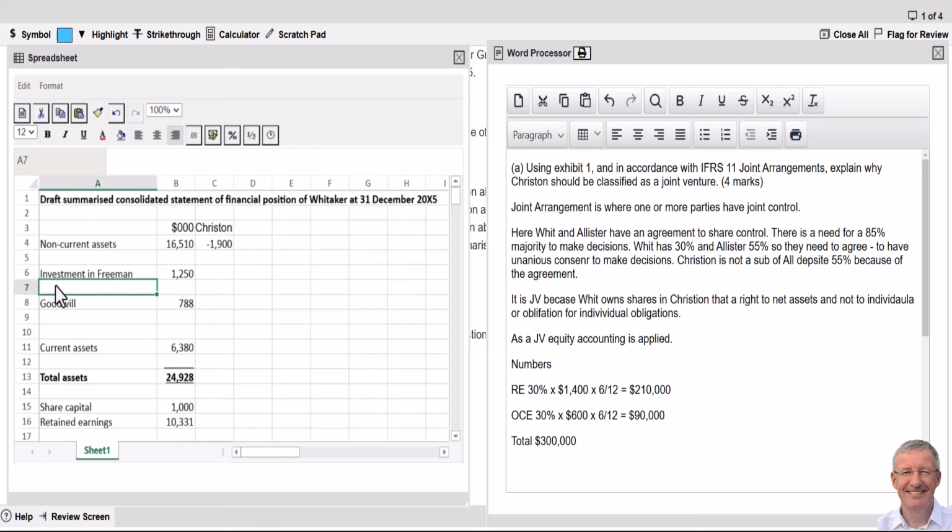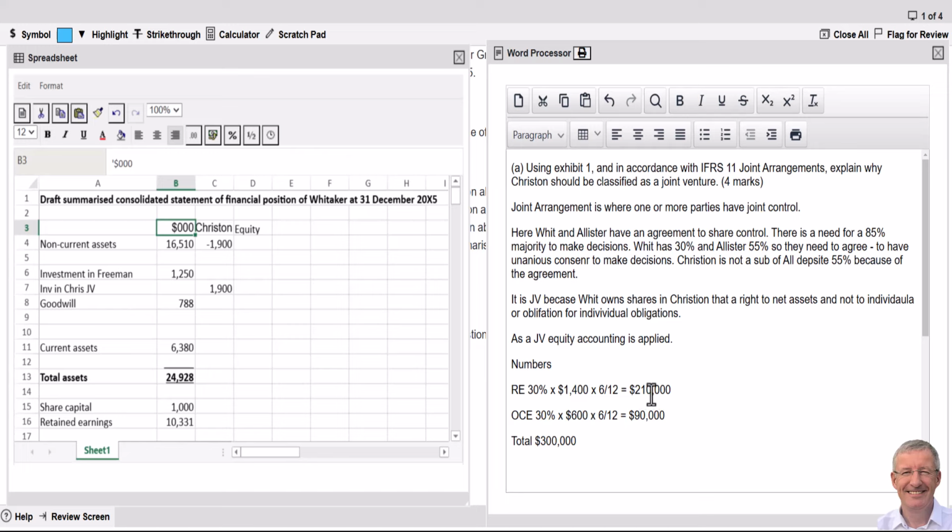I then need to put it in somewhere, and I can put it in as an investment in Clendon, as a joint venture, at 1900. And that's the initial recognition. What I've then got is the equity accounting that I am applying. Now, you've got to make sure you understand we're dealing with thousands here.